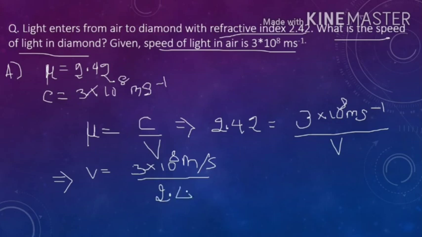This is the value of the speed of light in the diamond. So it is approximately 1.24 into 10 to the power 8 meters per second.